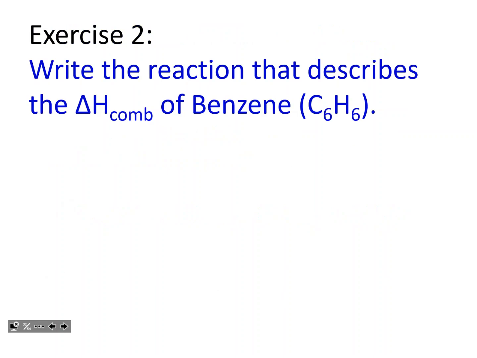So try to balance what combusting 1 mole of benzene would look like. Take a moment to do that. Okay, starting out here, we're going to put in our benzene, O2, the CO2, and the H2O.